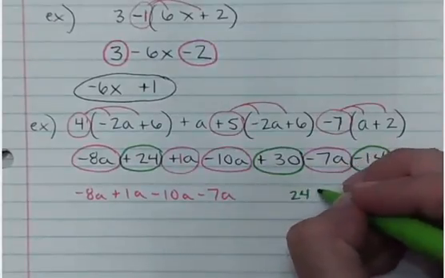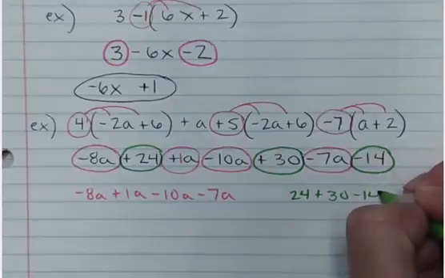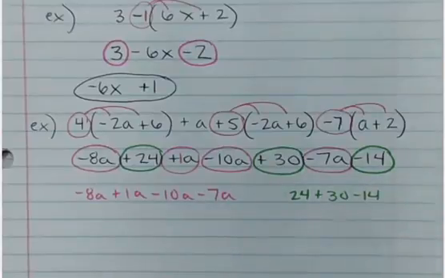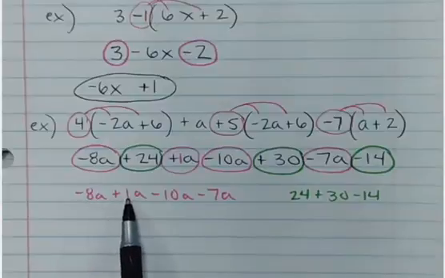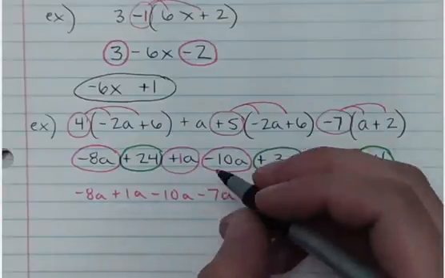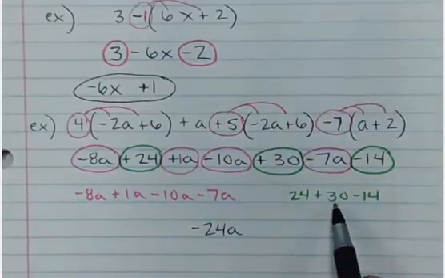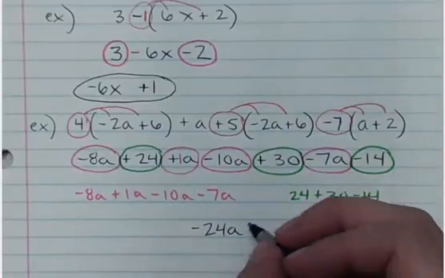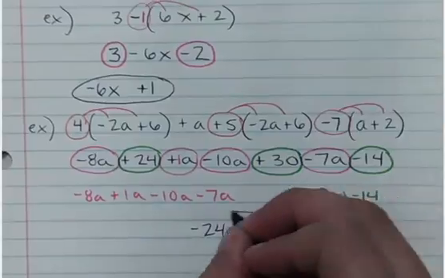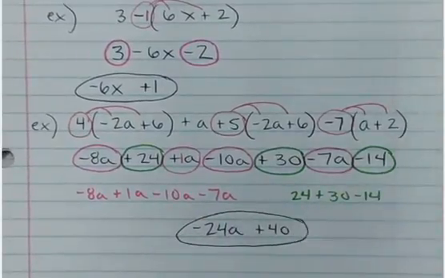I'm going to go ahead and enter that all in my calculator, which I already did. Negative 8 plus 1 minus 10 minus 7, you ended up getting negative 24a. 24 plus 30 minus 14 would give you positive 40. So your answer here is negative 24a plus 40.